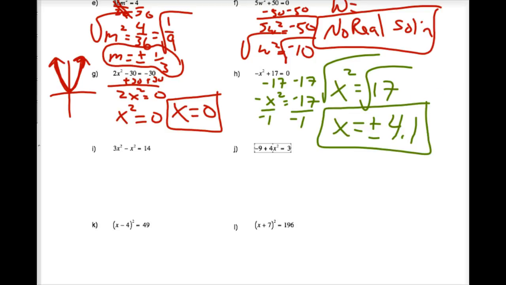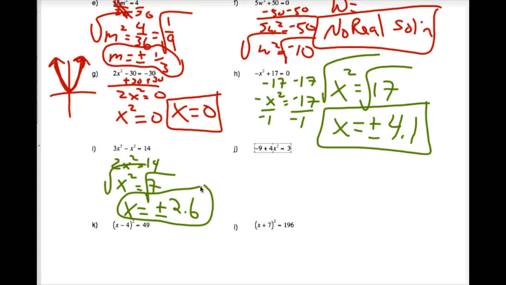Ooh, we got some like terms on this one. 2x squared equals 14. X squared equals 7. Square root both sides. X equals plus or minus 2.6. Yeah, that's what I got.